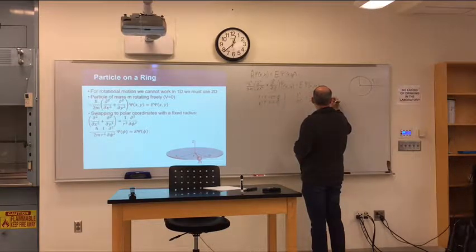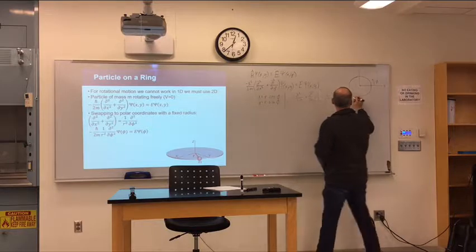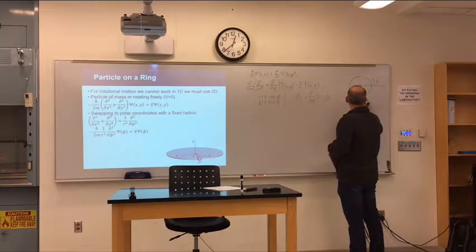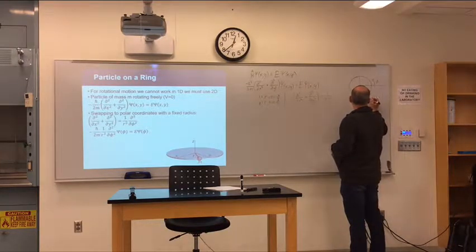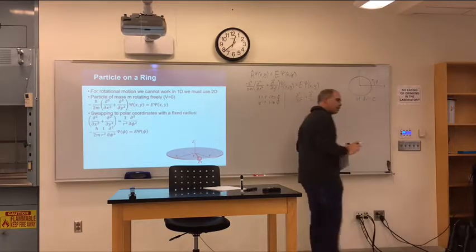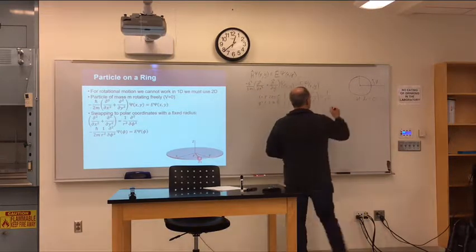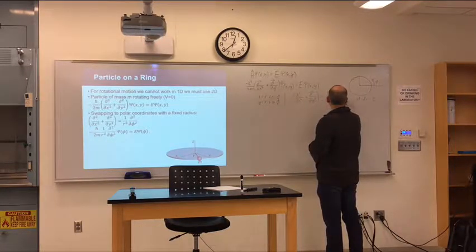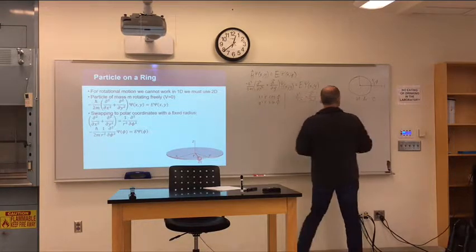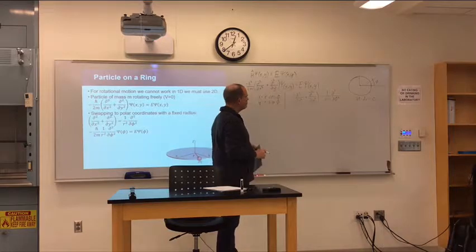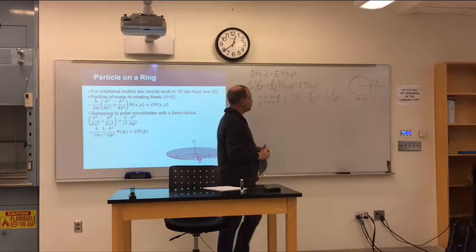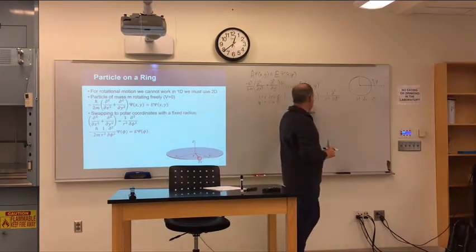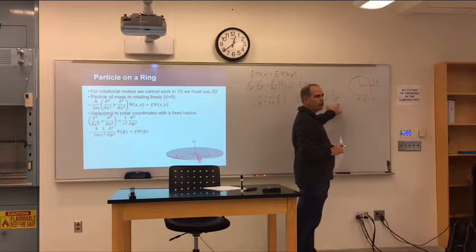If we're keeping r constant, let dr equal 0, right? Constant r. So this is how we're going to switch from working in Cartesian to working in polar coordinates.